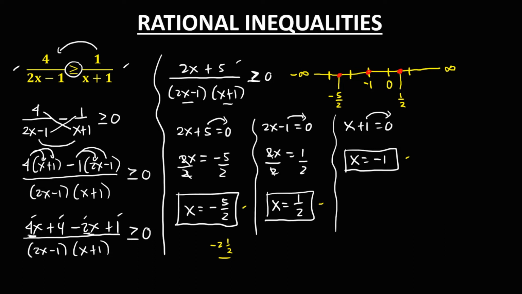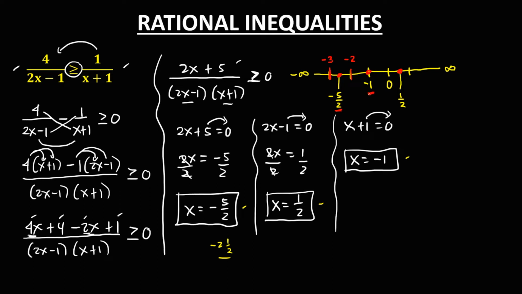Then to find the numbers to test, we're going to use the method of before, between, and after. For before the first critical value, this number, that's negative 3. Then between these two critical values, this number, that's negative 2.